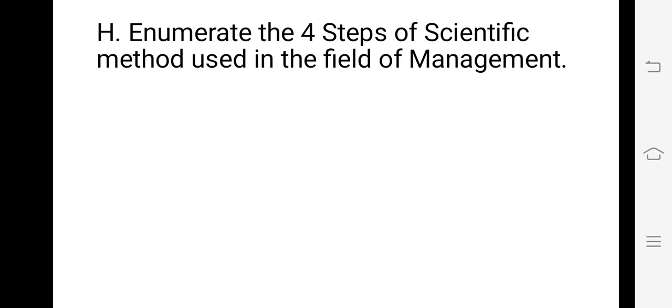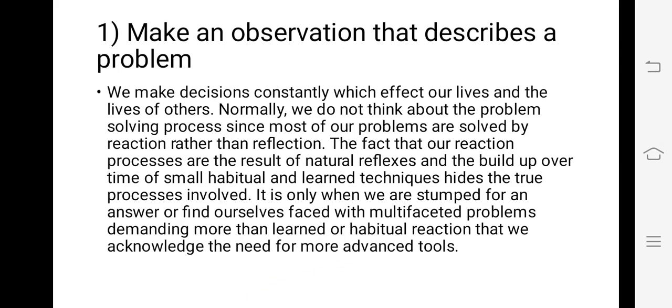Enumerate the four steps of the scientific method used in the field of management. The first one is make an observation that describes a problem. We make decisions constantly which affect our lives and the lives of others. Normally, we do not think about the problem solving process since most of our problems are solved by reaction rather than reflection.